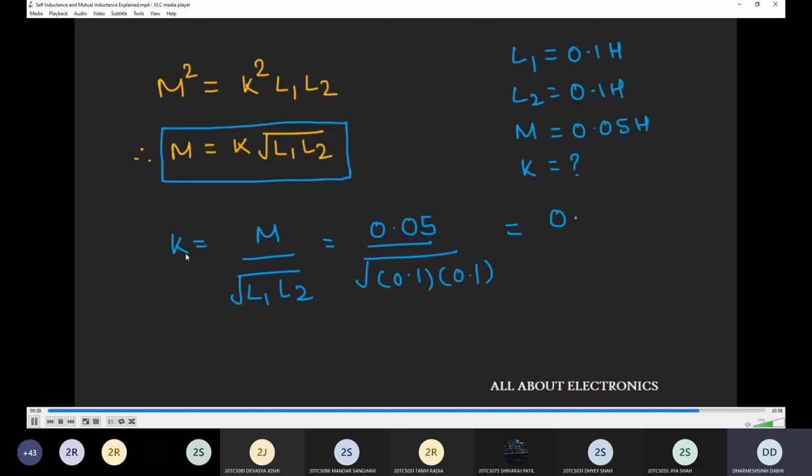So K is equal to M divided by under root L1 into L2, that is 0.05 divided by under root 0.1 into 0.1, which is 0.05 divided by 0.1. So the value of coefficient of coupling K is equal to 0.5.